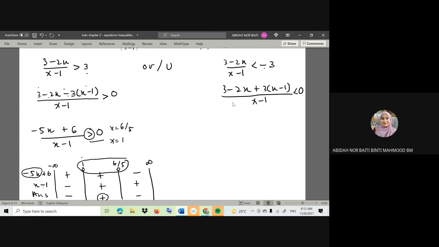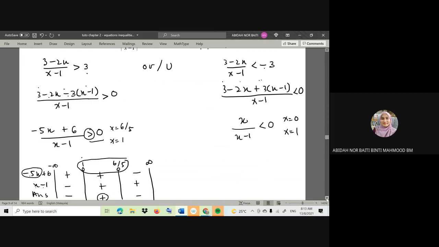We get 3 minus 3, which is 0, so negative 2x plus 3x. We get x over x minus 1 less than 0. Your value of x for the numerator is 0. Value of x for the denominator is 1.